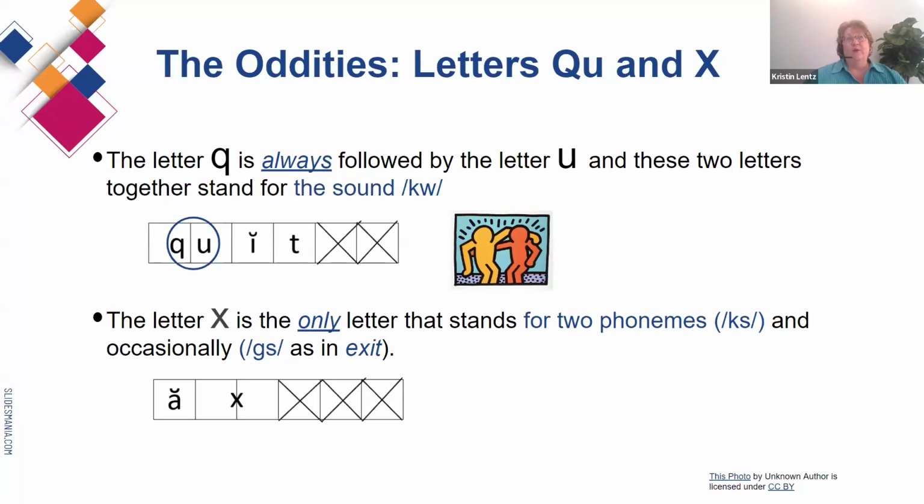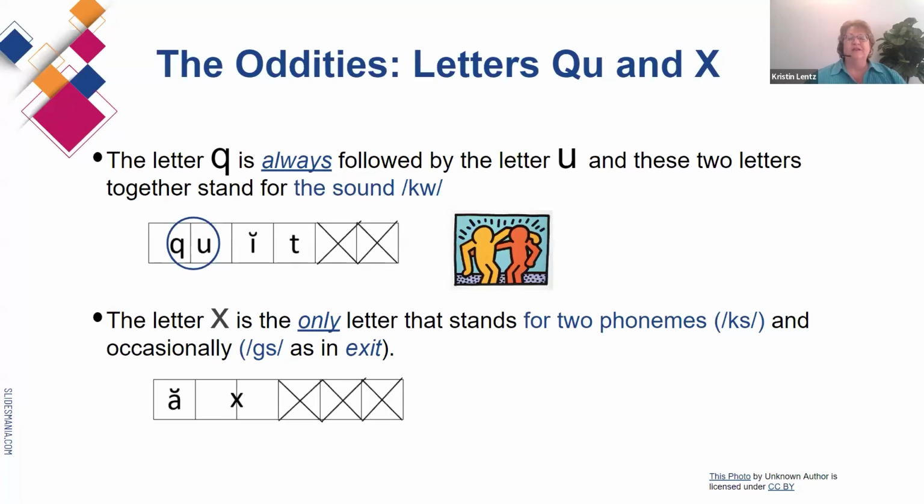Now, one way we may show Q and U and the fact that they're buddy letters is when we write QU in the boxes, I put the Q a little bit more to the right and the U a little bit more to the left of its box, and I may circle it to help remind myself and help remind the students that these two letters work as a team together, but they do make 2 sounds because they make the sound W. So it's a KW sound.